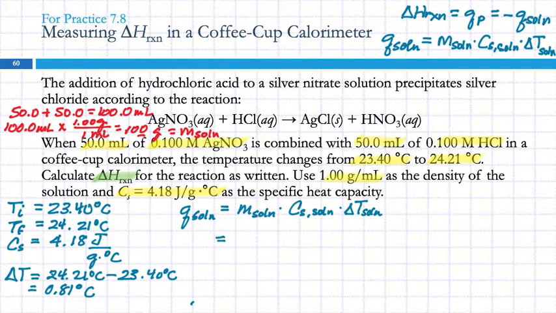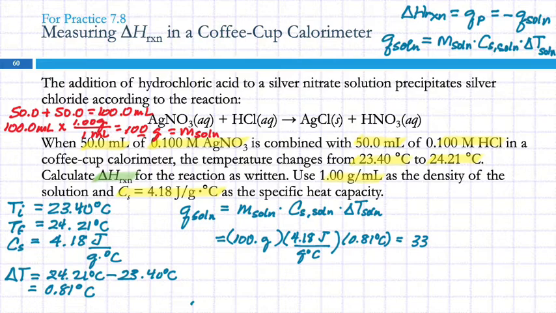Okay, so I have 100 grams times the specific heat capacity times the change in temperature. So 100 times 4.18 times 0.18 is 338.58 joules, with 2 sig figs because of this temperature here.